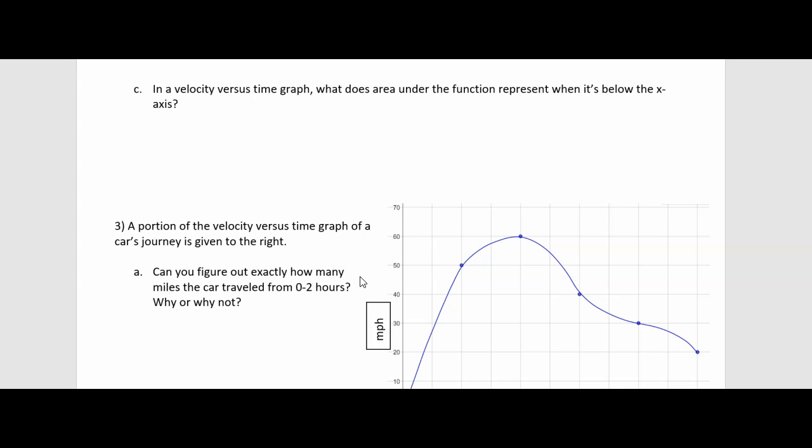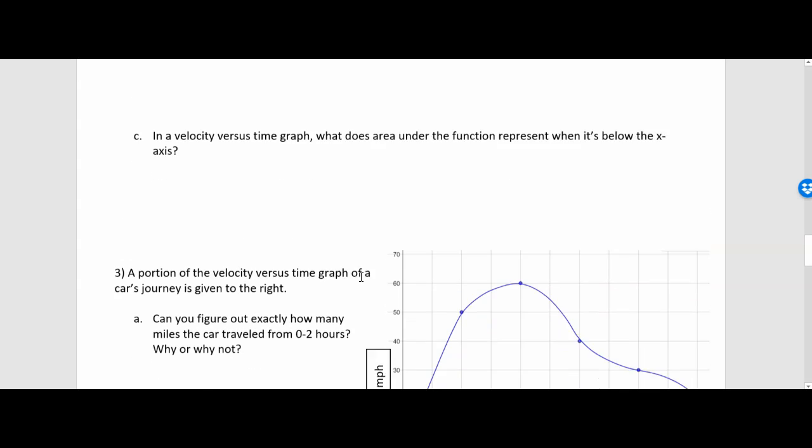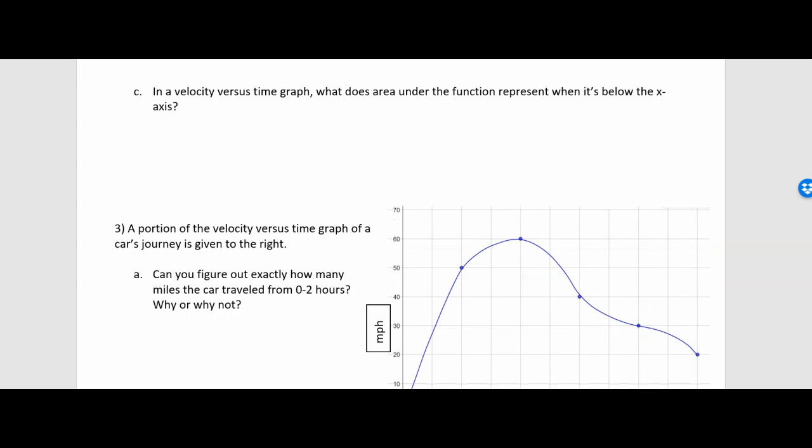Well, when the function is completely above the x-axis, it just represents total distance. When it's above the x-axis, total distance and net distance are both going to be the same. If the function ever dips below the x-axis, though, all of a sudden the area represents displacement.